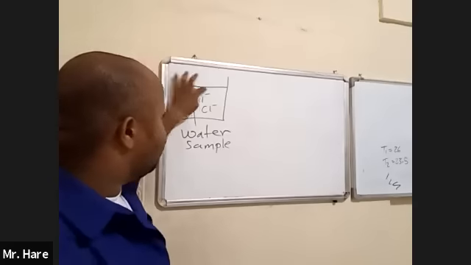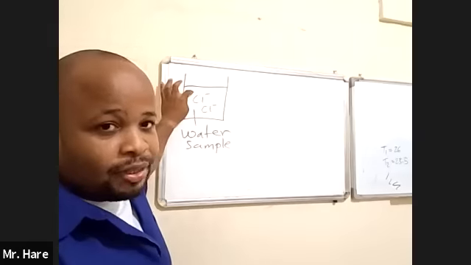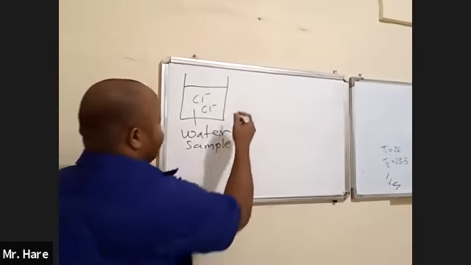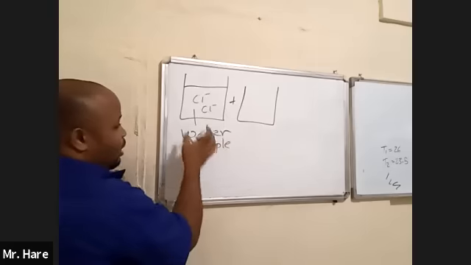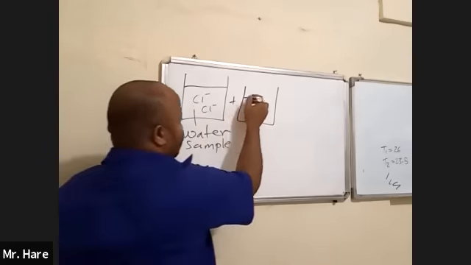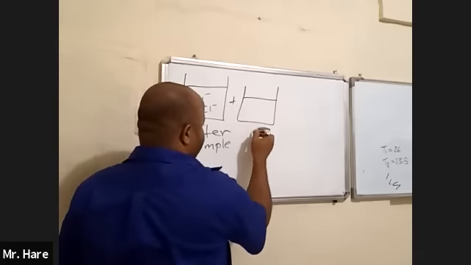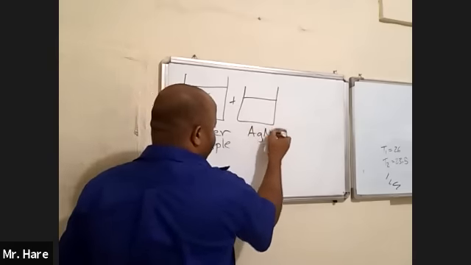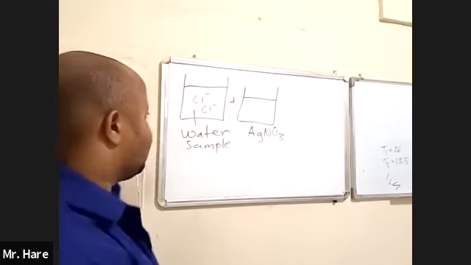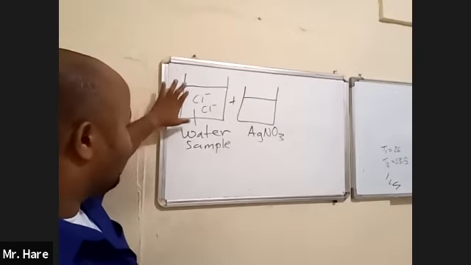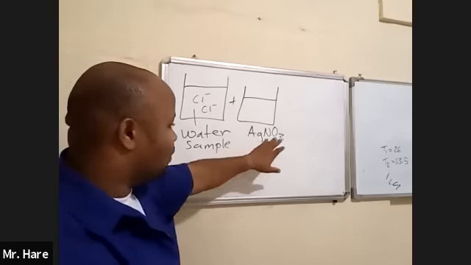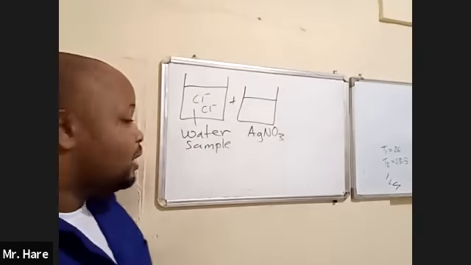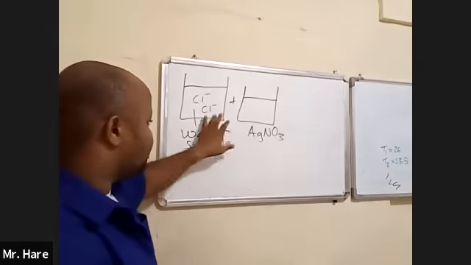The analyte is the ion that you're interested in. So the sample with the chloride ions present, I am going to mix it with a solution of silver nitrate.